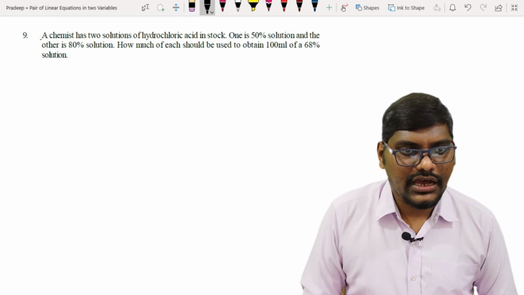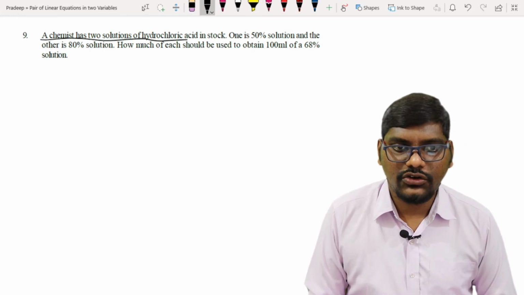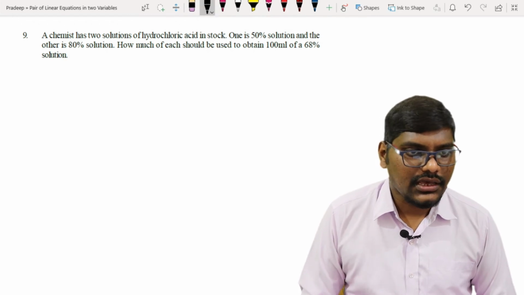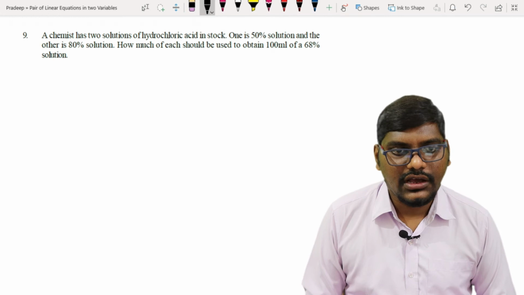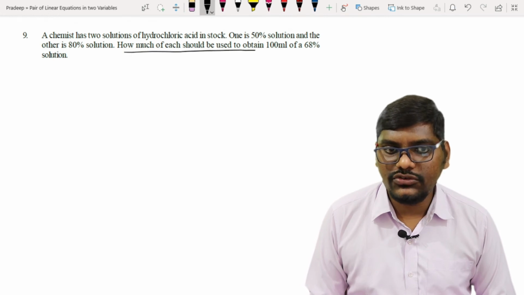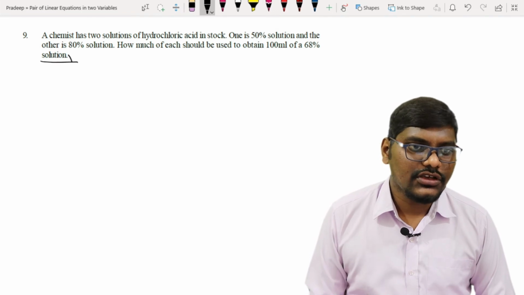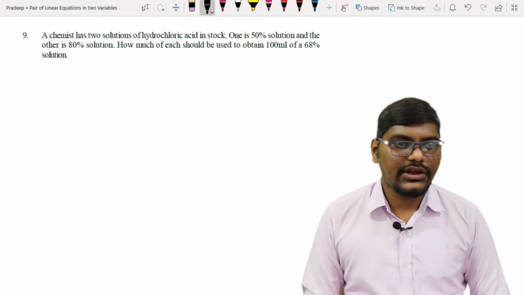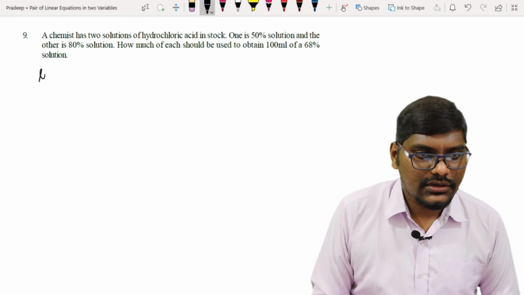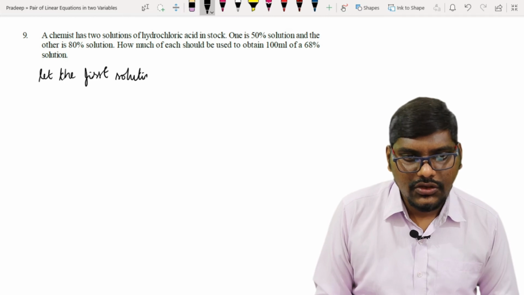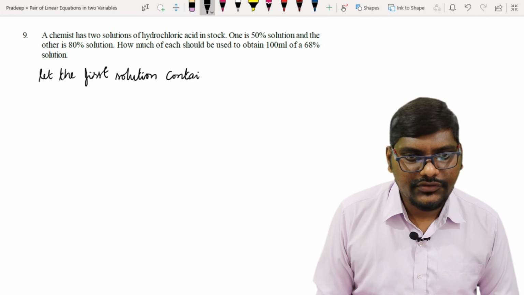The question says, a chemist has two solutions of hydrochloric acid in stock. One is a 50% solution and the other is an 80% solution. How much of each should be used to obtain 100 ml of a 68% solution? For that reason we can write, let the first solution contain 50%, right?